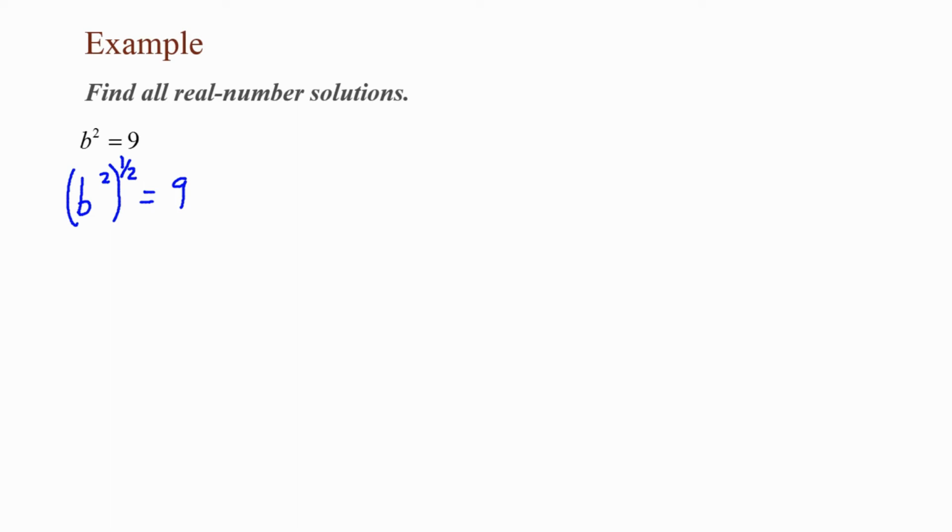If we do that to the left side, we must do that to the right side. So b equals, my denominator is even. That means I'm going to have plus or minus, since my 9 is positive, and the square root of 9 is 3. So my values for b are positive and negative 3.